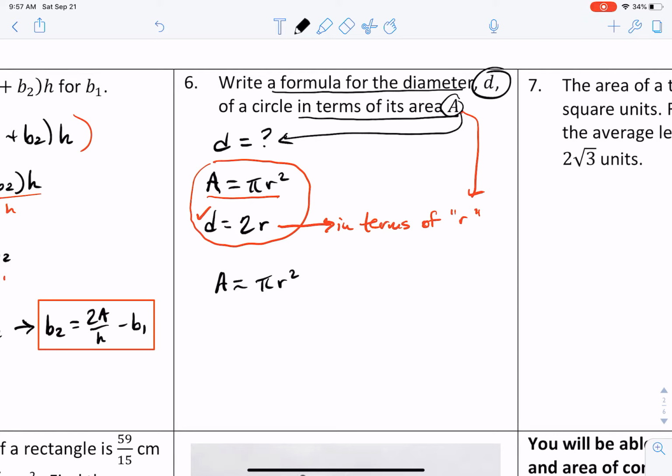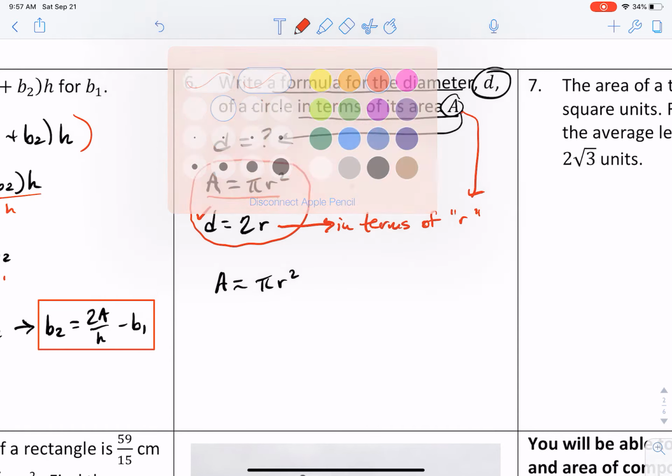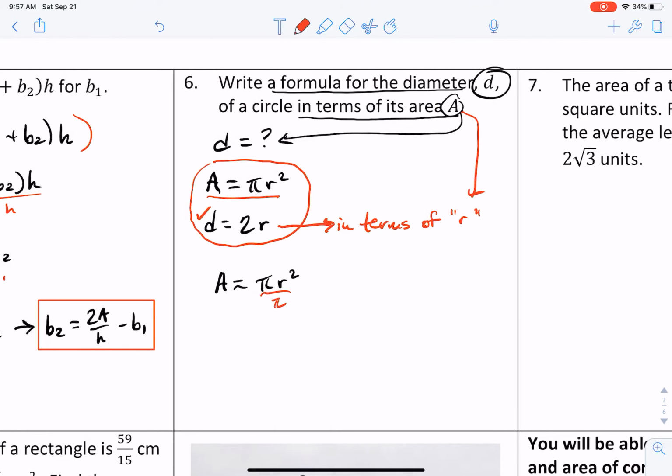Pi is currently being multiplied times the r squared. So I'm going to divide both sides by pi. It's going to cancel it over here on the right-hand side. And then I'm going to be left with A over pi is equal to r squared.